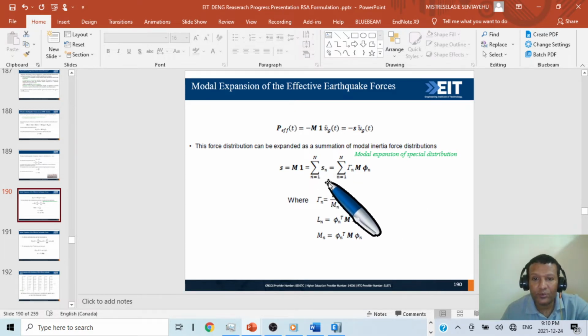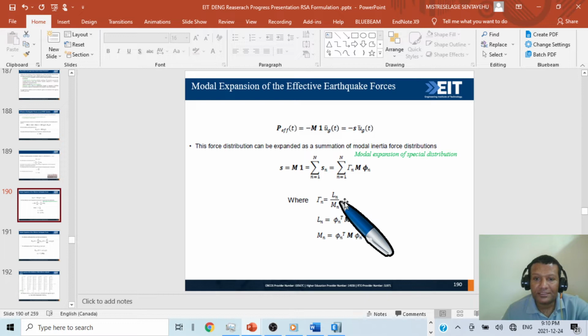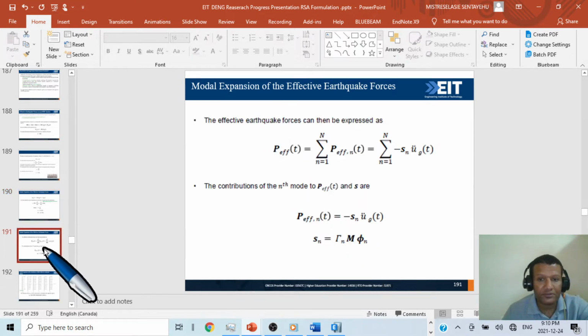If you have 5 modes from 1 to 5, then each mode will have Rn m times phi n. Then this will be for each mode for each floor, where Rn is Ln over Mn, Ln is equal to phi n transpose m times 1, and Mn is equal to phi n transpose m phi n. This is all the derivation.